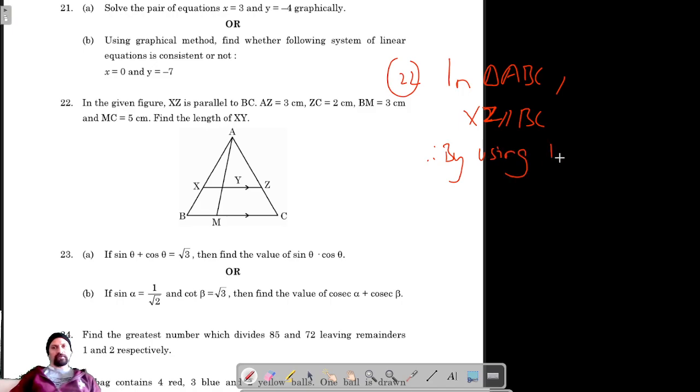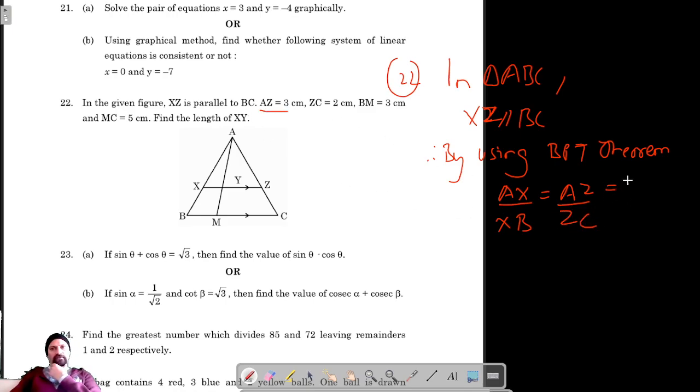by using BPT theorem, we get AX upon XB is equal to AZ upon ZC. Now AZ is given, which is 3, and ZC is given, which is 2. So AX upon XB is equal to 3 by 2.